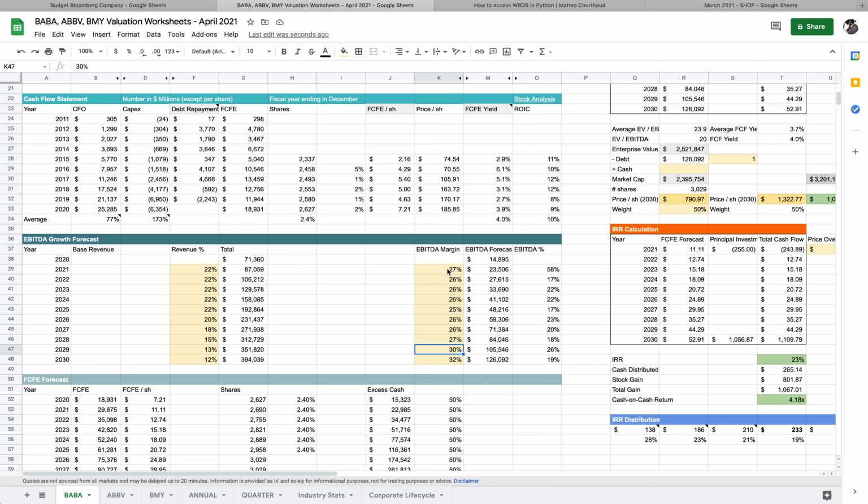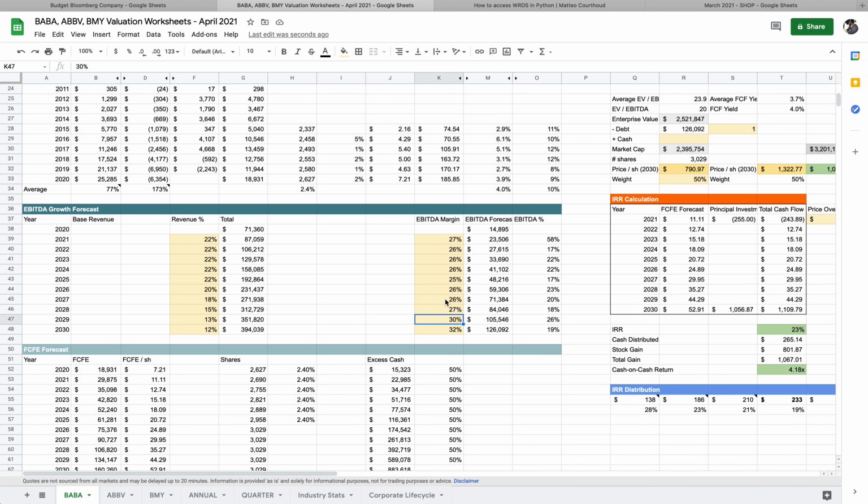I did the lower side of high 20s, and then over time brought that back up to 32. Once again, you can update this however you want and see how the numbers change. So we get forecasted revenues, we multiply by the margin to get forecasted EBITDA, and then this is what the EBITDA change looks like over time.